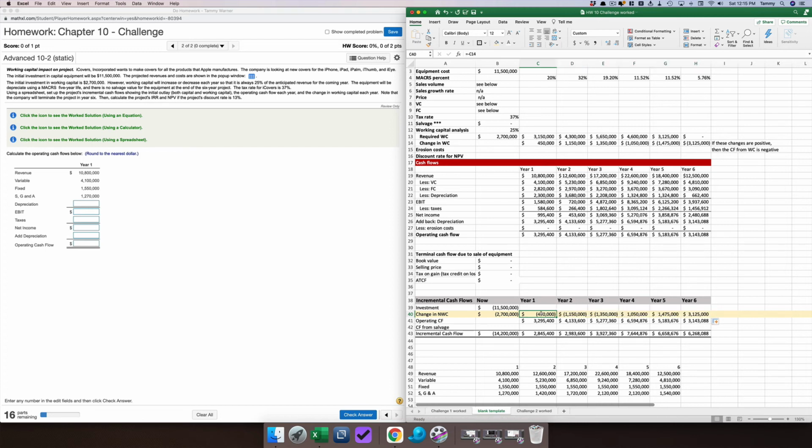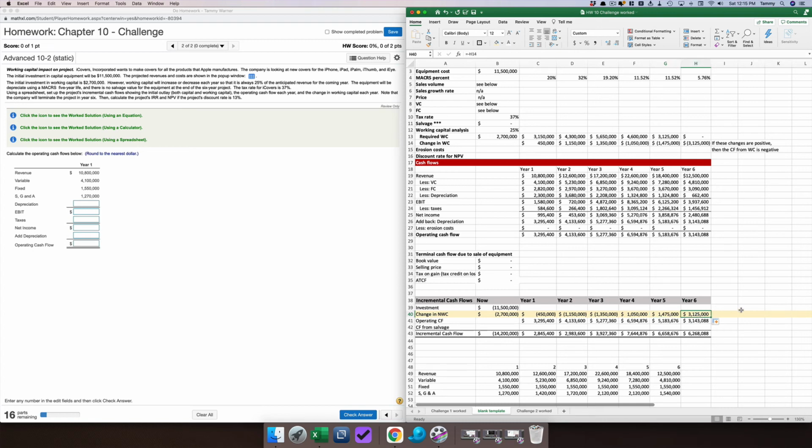Right? So again, we spent $450 more in working capital that first year, 1.1 million more the second year, 1.3 million more the third year, and then we spend less on working capital in the fourth year than we did in the prior year, and we spend less in working capital, which means we are having positive cash flows from the changes in working capital, and then at the end, we get it all back.